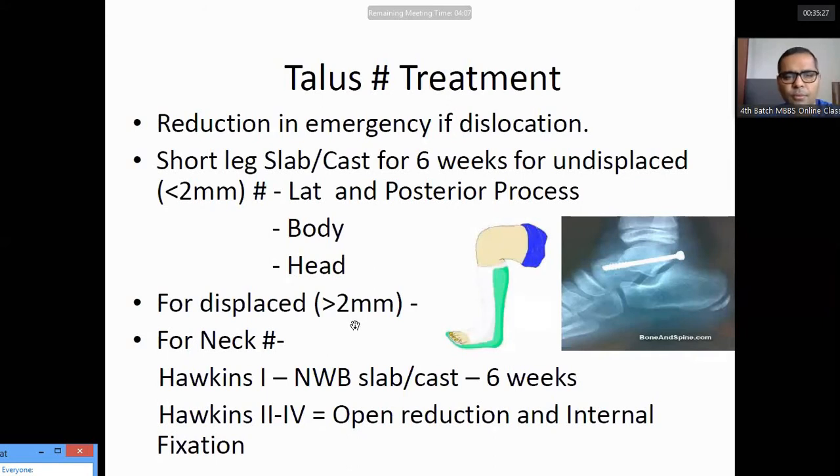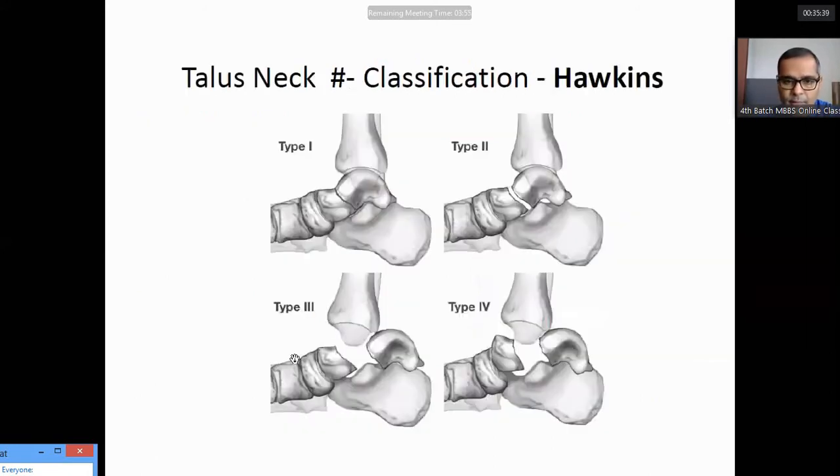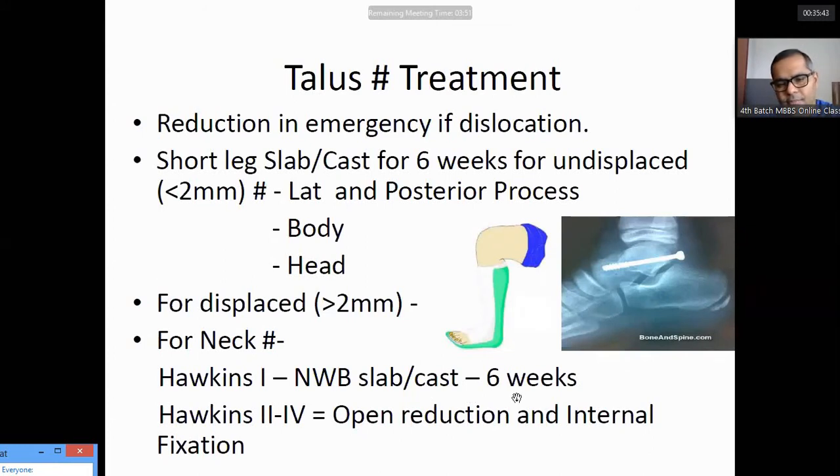For displaced, more than 2 millimeter, typically a neck fracture, we need to fix it. For neck fracture type 1, that is undisplaced, only slab or cast for 6 weeks, and it should be non-weight bearing.